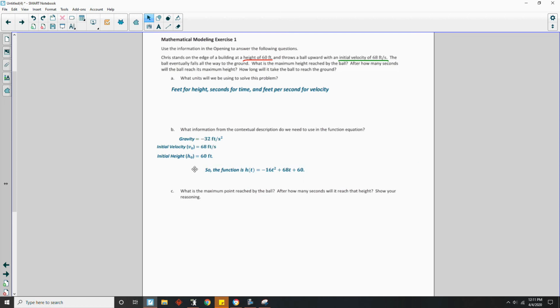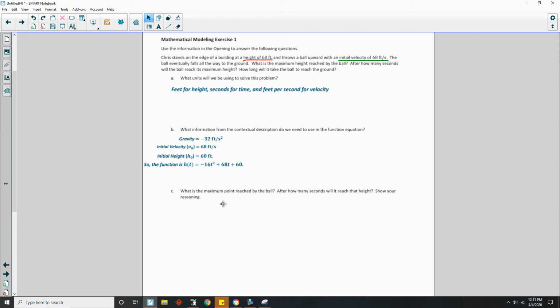And finally we have this equation: negative 16t squared plus 68t plus 60. The 68 is here. Velocity is your linear term. Height is your constant, where we start. And you remember the function said to take half of the gravity's pull, which is negative 16, half of 32.